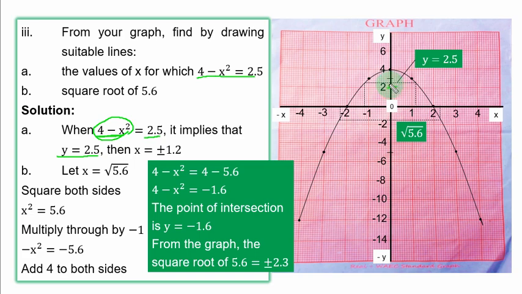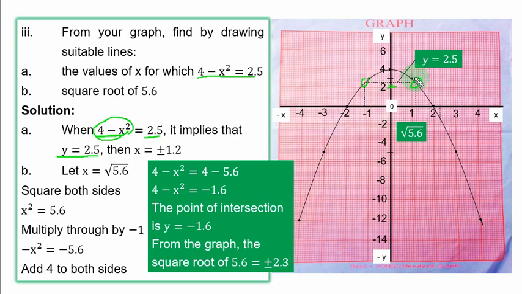So 2.5 is between 2.4 and 2.6, the middle. So you mark that point as 2.5, then you trace it to the curve, and it touches the curve at two sides. So one point is here, another point is here. Then you trace it to the s-axis.